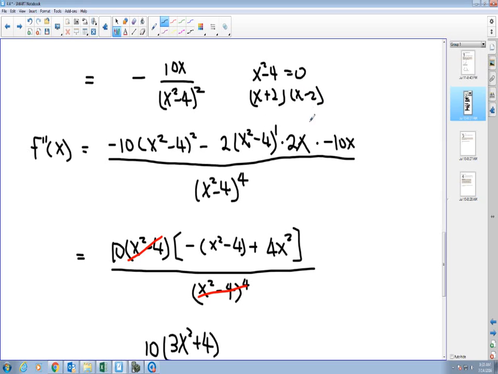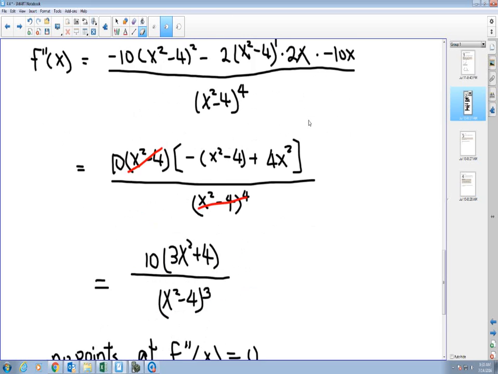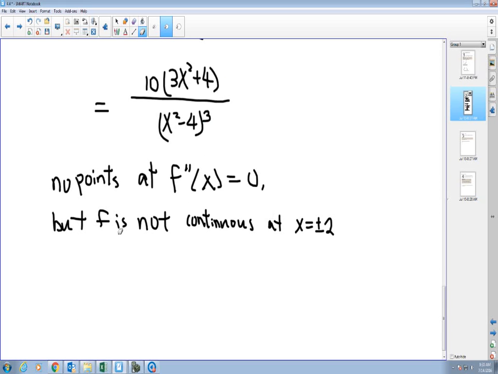So x equals 2 and x equals negative 2. The square just tells me I have two sets of the same answer. That tells me my function is not continuous back in the f prime at these two points, so I can use that opportunity to do my test, because I don't have f double prime of x.